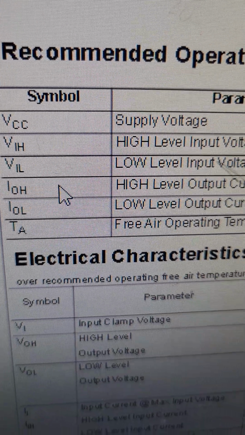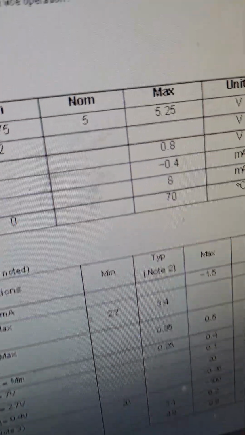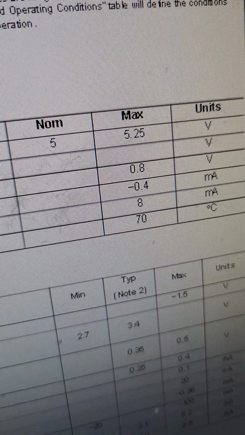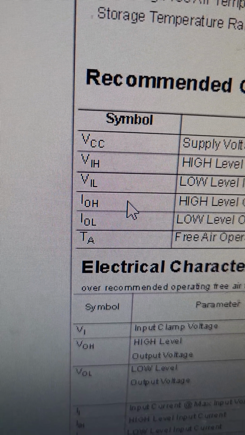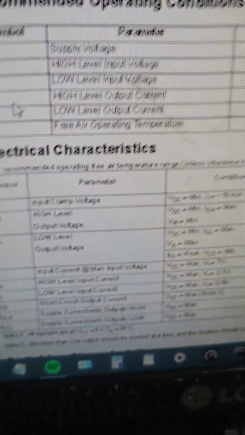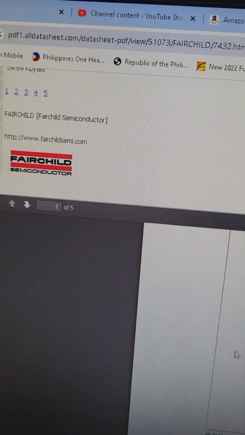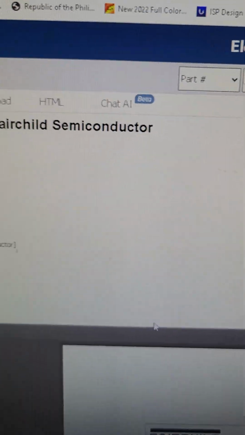And for the low level input voltage, the maximum is 0.8 volts to be considered as low. Okay, so temperature, everything here. So those are the parameters you have to consider in dealing with this IC, 7432, 7408.